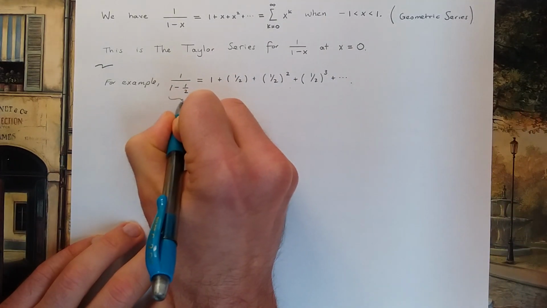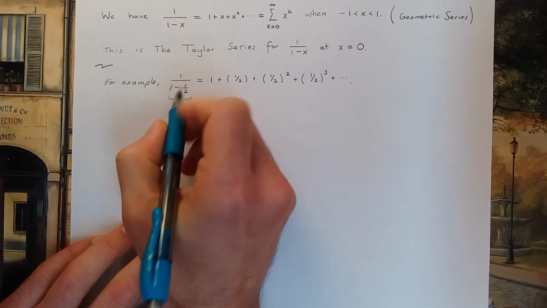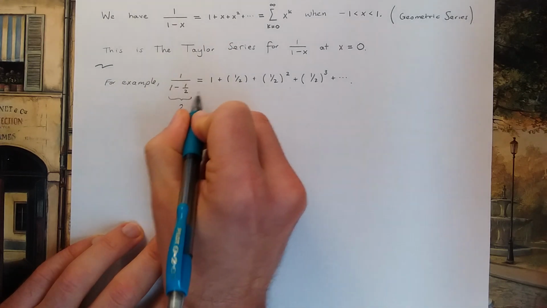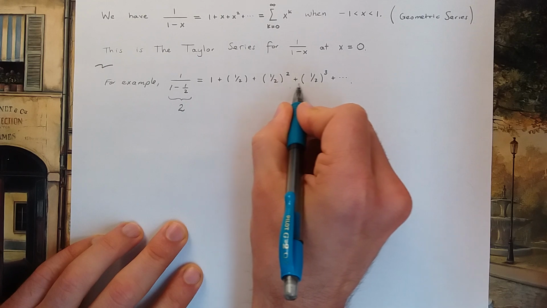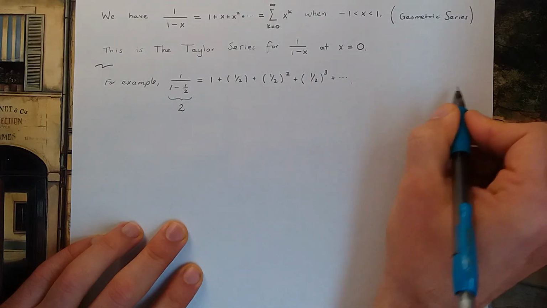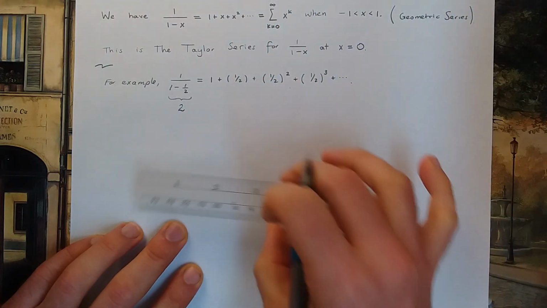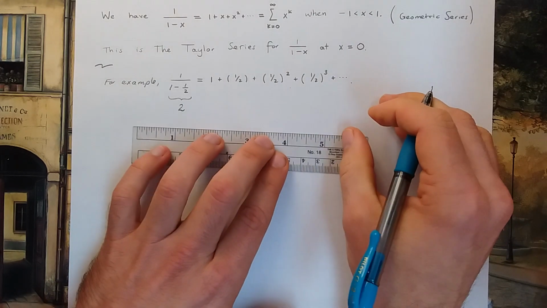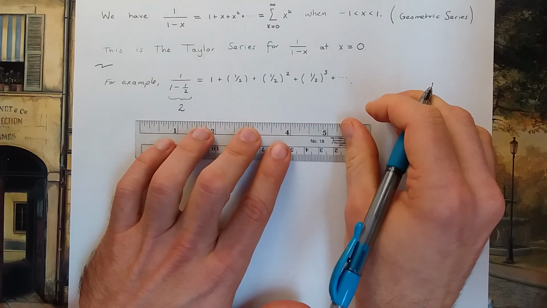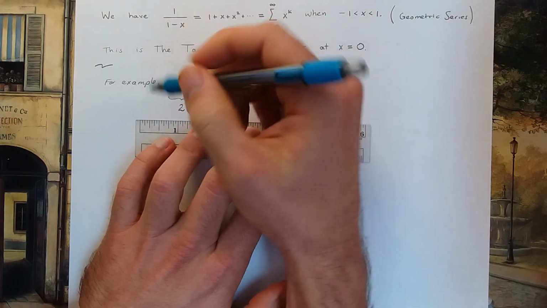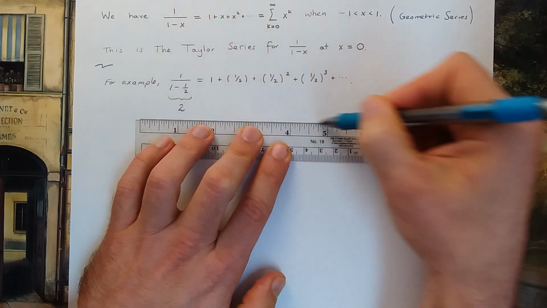This, if you simplify, is equal to 2. So that says this infinite sum, adding an infinite number of terms, is equal to 2. That's an example of something known as Zeno's Paradox, possibly.